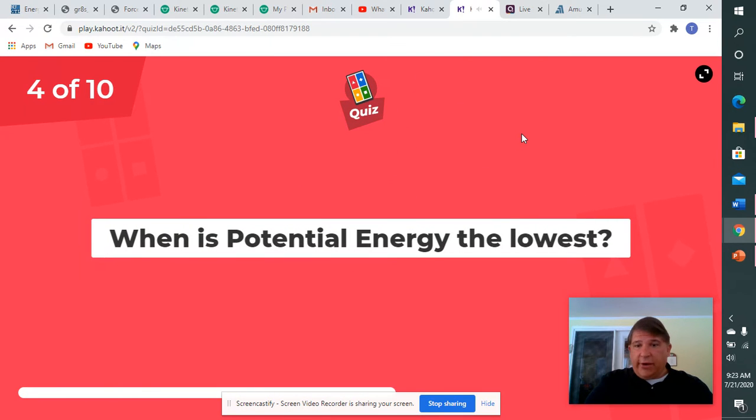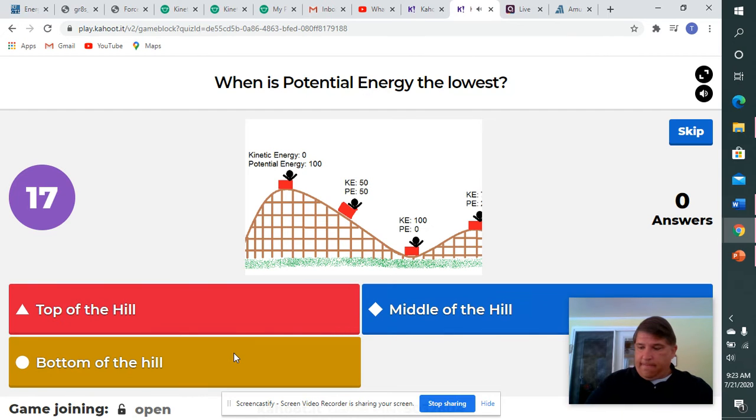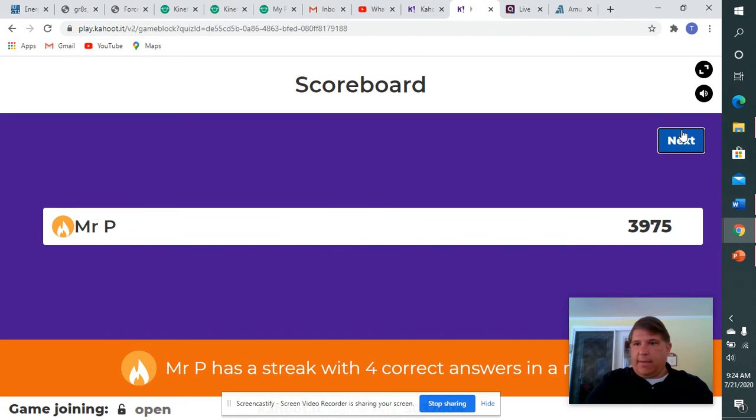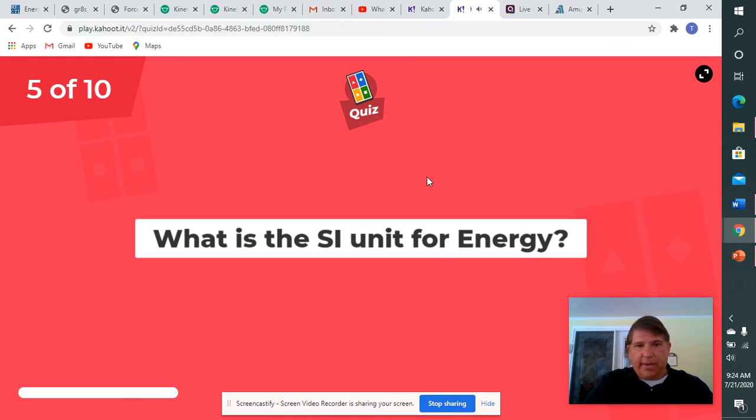When is potential energy the lowest? Bottom of the hill. Okay? Potential energy the highest is at the top of the hill. Potential energy the lowest, bottom of the hill. Obviously, we would take more time doing this.